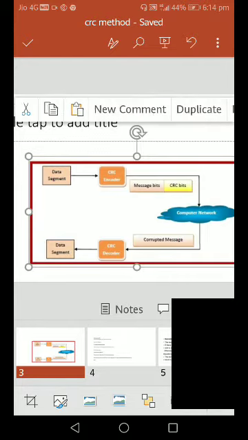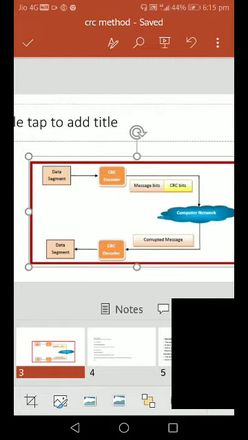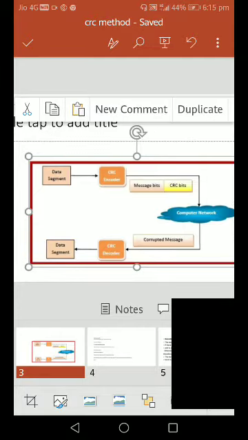The data bits plus message signal are divided by the divisor.